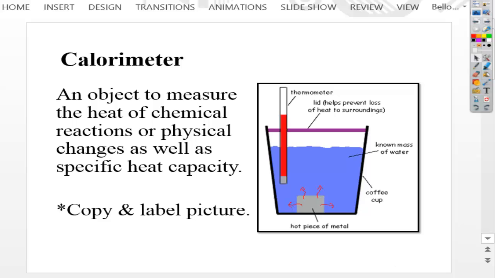Okay, all you need to do is know the mass of the water. You need to know the mass of the object. You need to know the initial temperature of the water, the initial temperature of the object. Once that hot object is dropped in here, it's going to release heat, right?